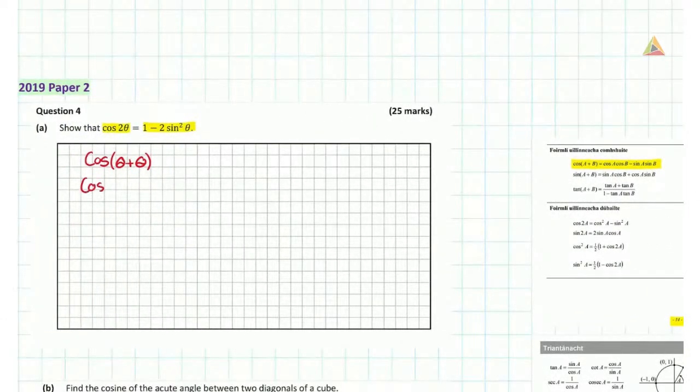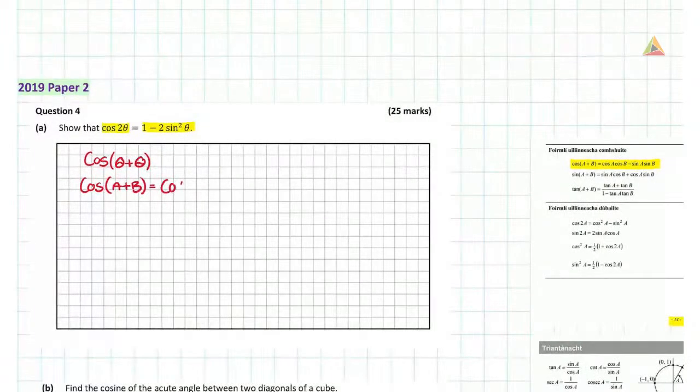So it's telling me that cos of A plus B is equal to the cos of A times the cos of B minus the sine of A times the sine of B. So in this question, my A is theta and my B is also theta.